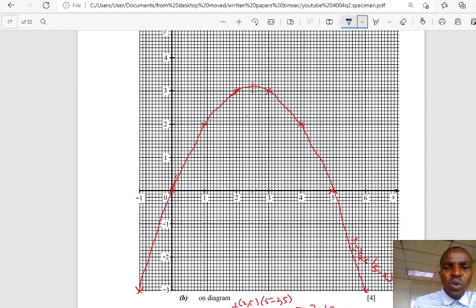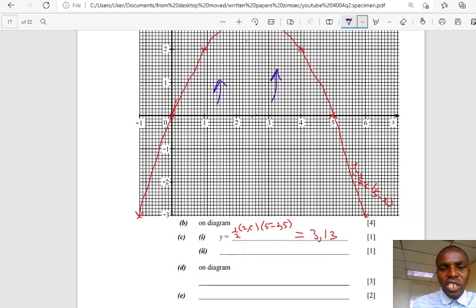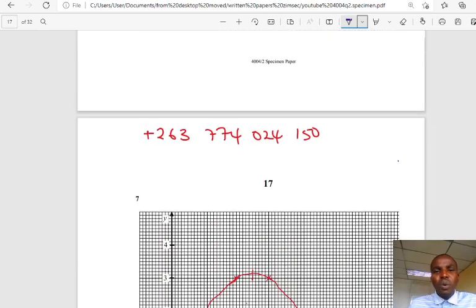So between 0 and 5, the graph is above the x-axis. So you write x from 0 to 5. That's the range of values of x for which y is positive.